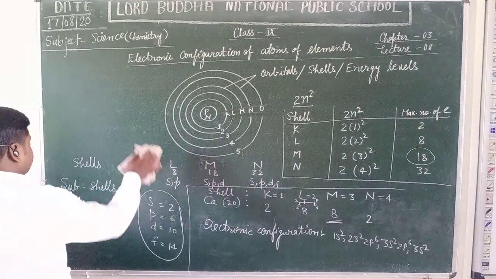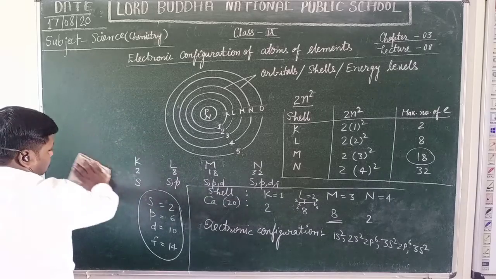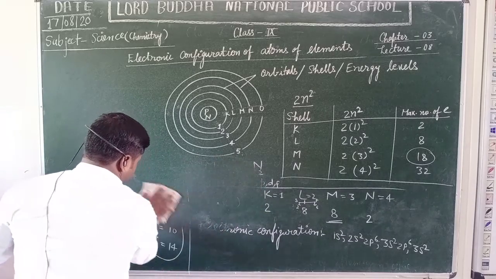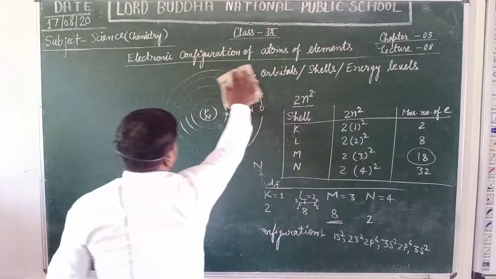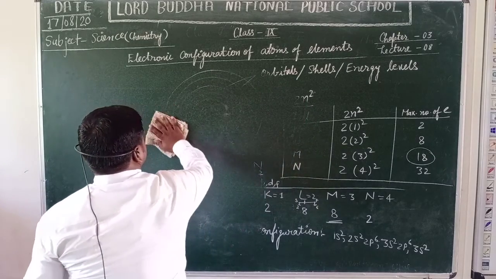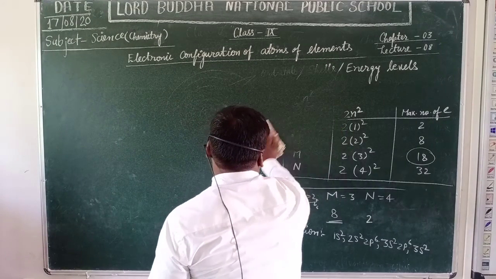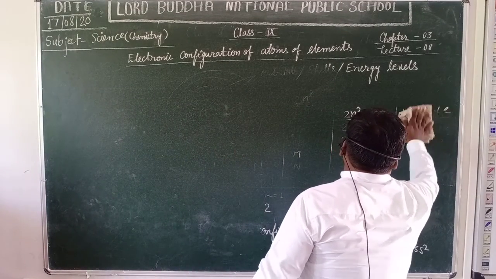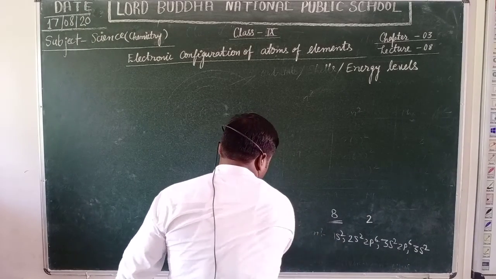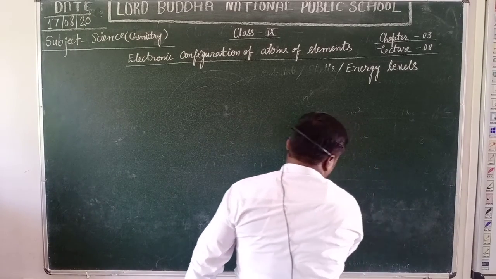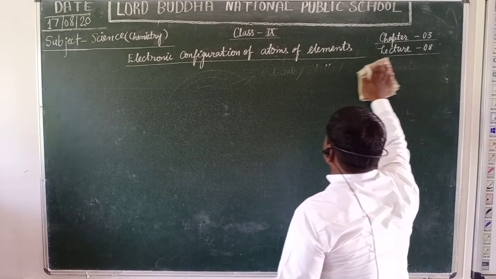Now, students, to give the SPDF system of electronic configuration, one more thing is required, that is to find out the number of electrons, protons and neutrons in the atoms of the given elements.